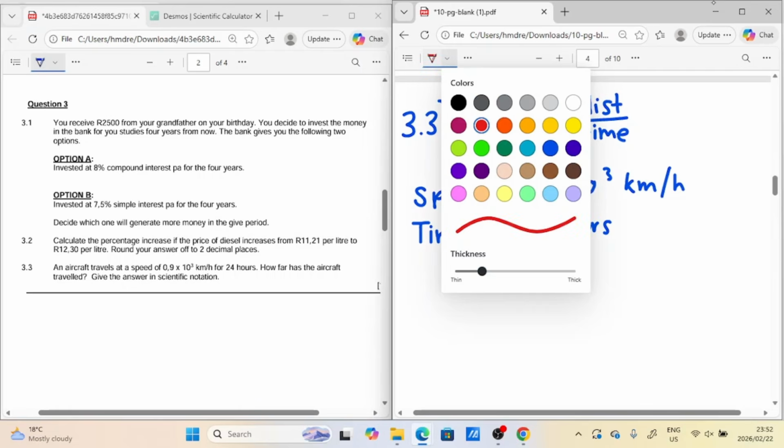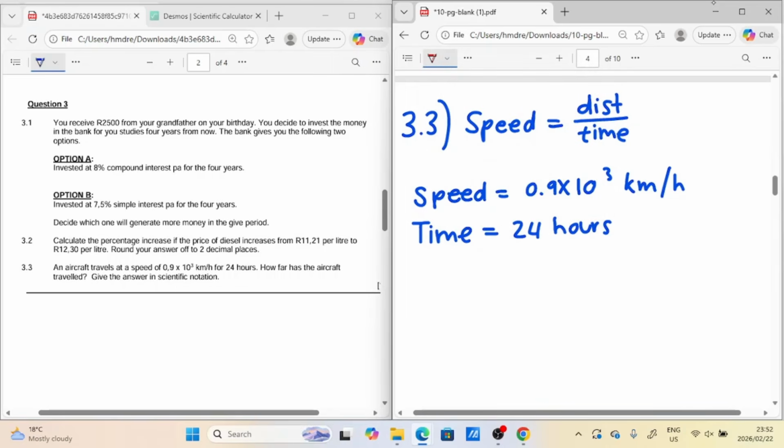So I'm going to take the number out of scientific notation. 0.9 times 10 to the 3 means we're going to move the decimal 1, 2, 3 places. Yes, that's right, 1, 2, 3. That is 900 kilometers per hour. Then it's just a case of putting it into this equation.